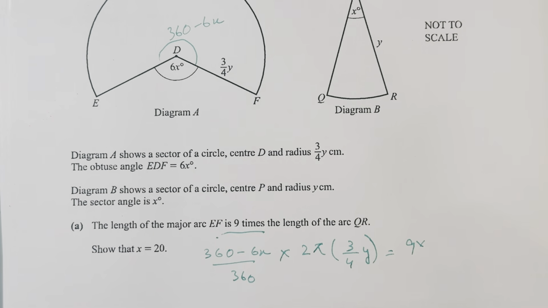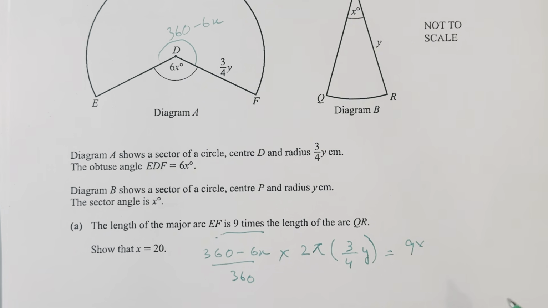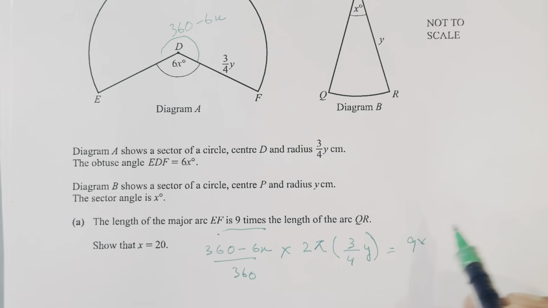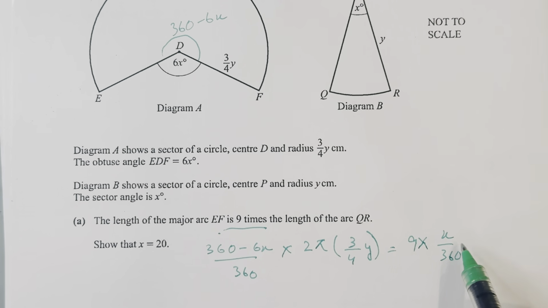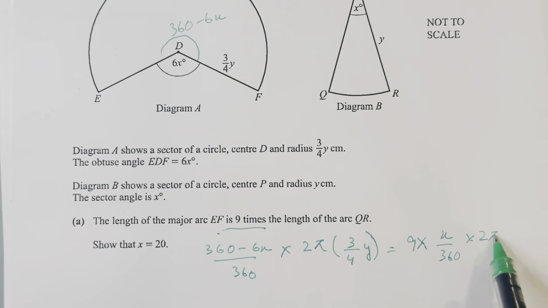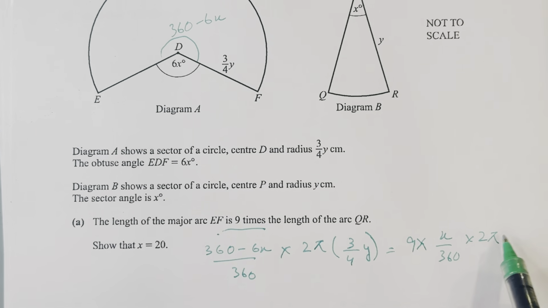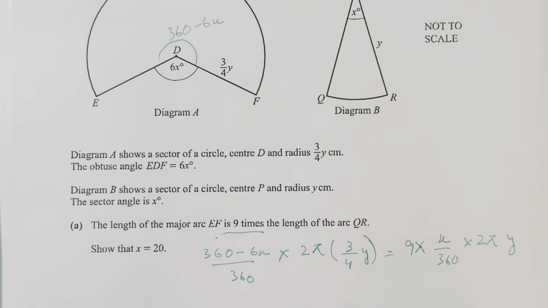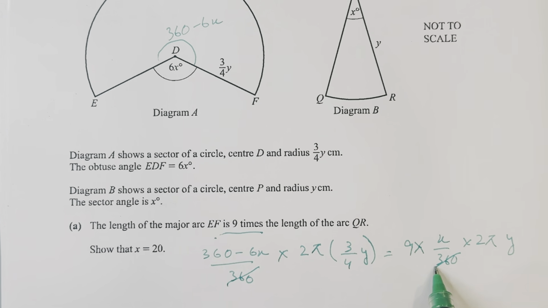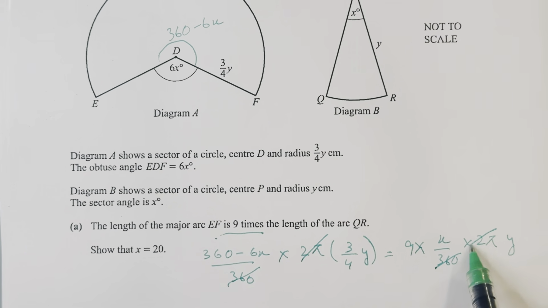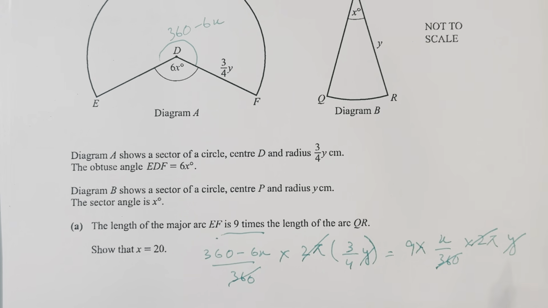QR is smaller, so we're going to multiply it by 9. For QR the angle is x by 360 multiplied by 2 pi r, and the radius here is y. So we're going to cancel 360 by 360, 2 pi by 2 pi, y by y.